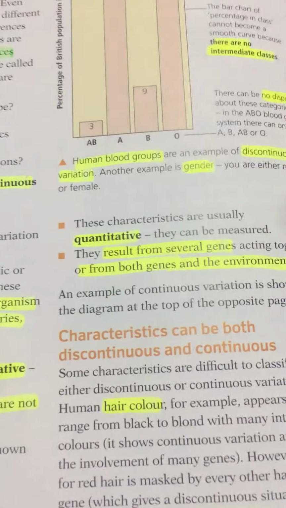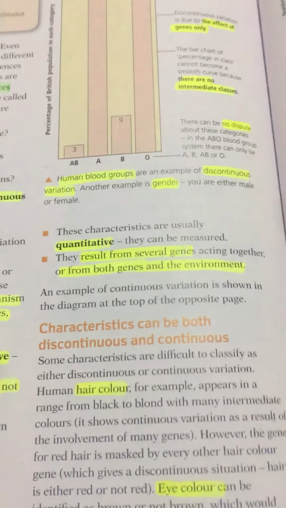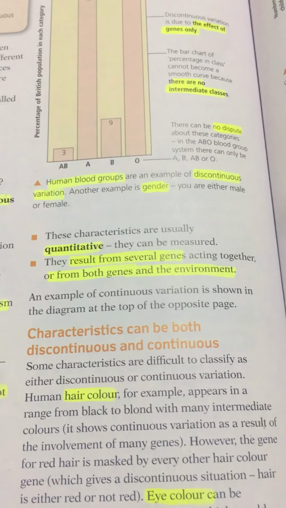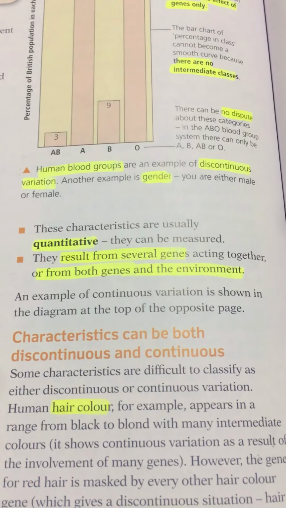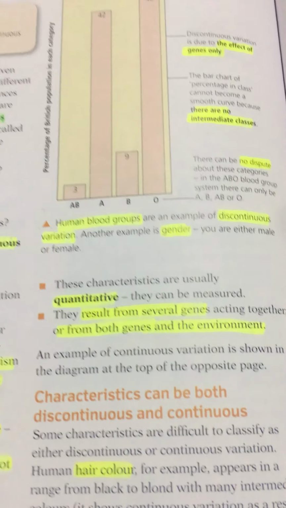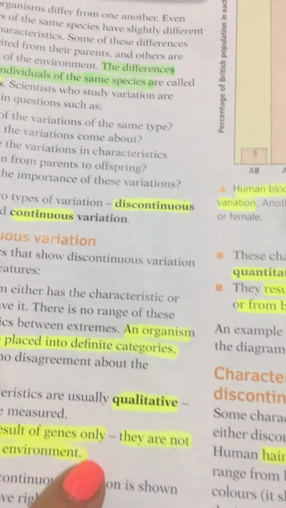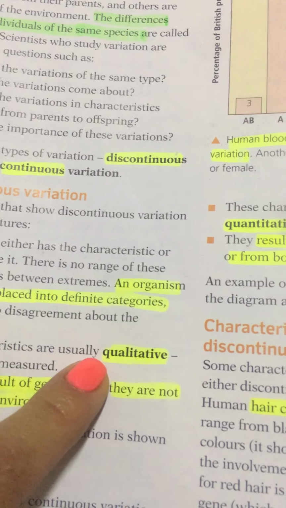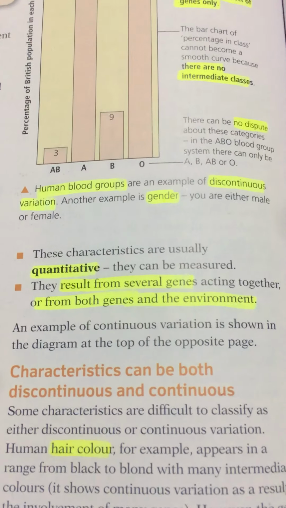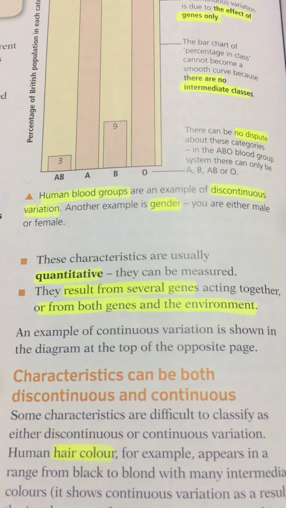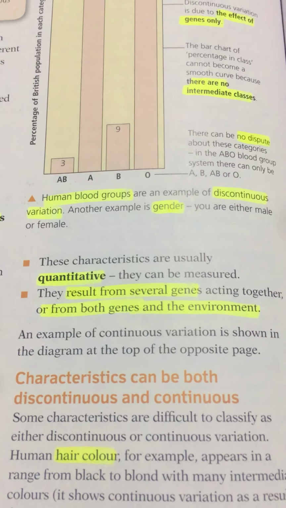What about the type of the characteristics? The characteristics are usually quantitative, not as in discontinuous variation. We say that discontinuous variation is qualitative, but in continuous variation the characteristics are usually quantitative.